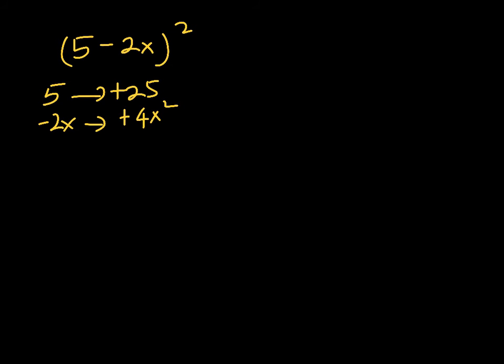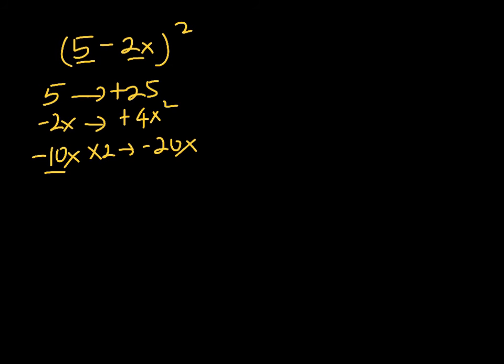Now the next step is to find the product of the two. 5 times negative 2x gives you negative 10x. Once you have found the product of the two terms, you multiply it by 2, so that gives us negative 20x.